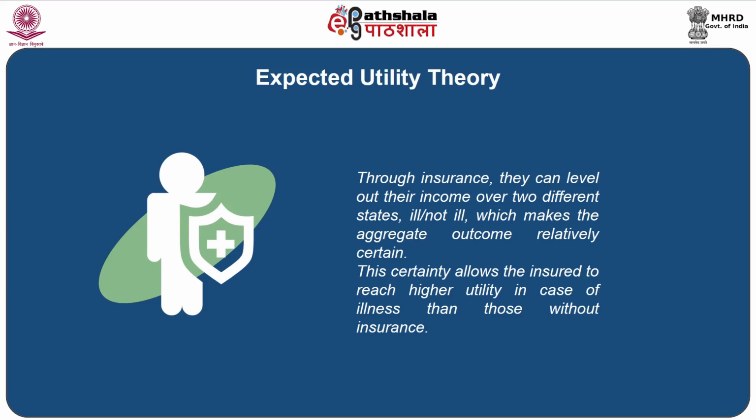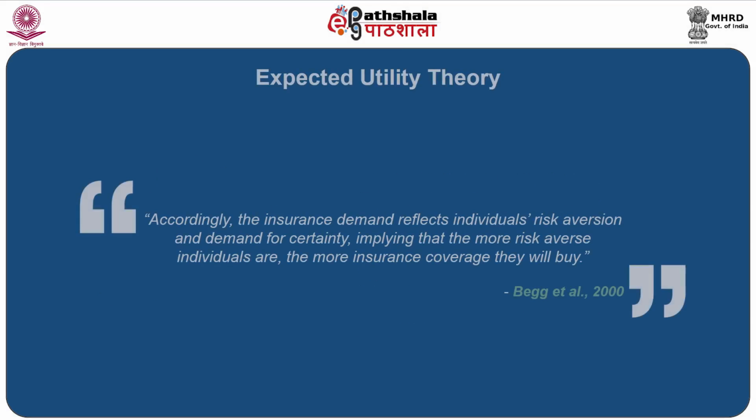This certainty allows the insured to reach higher utility in case of illness than those without insurance. Accordingly, the insurance demand reflects individuals' risk aversion and demand for certainty, implying that the more risk averse individuals are, the more insurance coverage they will buy. Begg et al. in 2000.